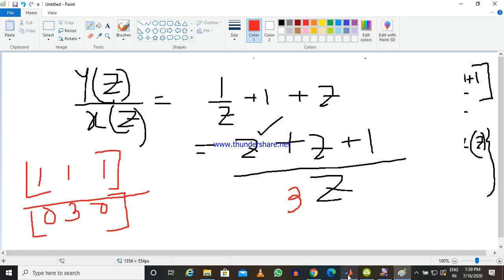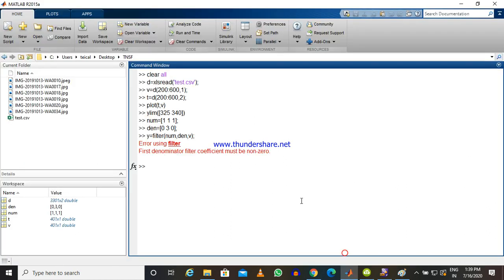So rather than that, I can write it, my denominator is 3 and 0. So now my y is equal to filter numerator, denominator and v. These things I am filtering out.